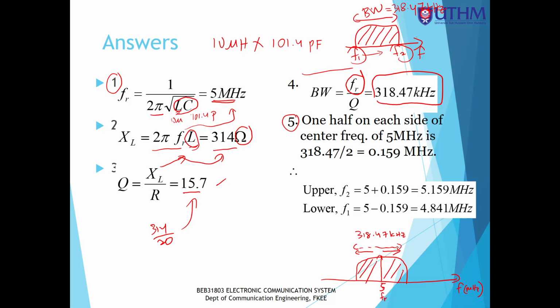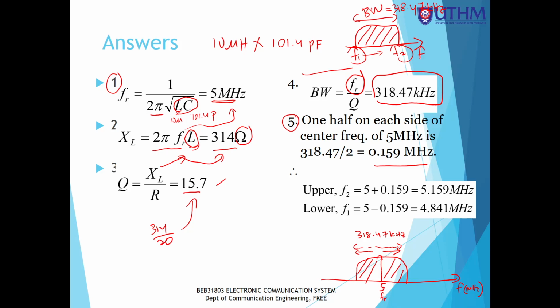So kita bahagikan dua supaya kita boleh tambah dan tolak daripada resonant frequency. Okay, so when we divide the bandwidth into 2, we get 0.159 megahertz or 159 kilo. Okay, so half of this we can add and subtract from the center, because we already know the center, we don't know the upper and lower limit.